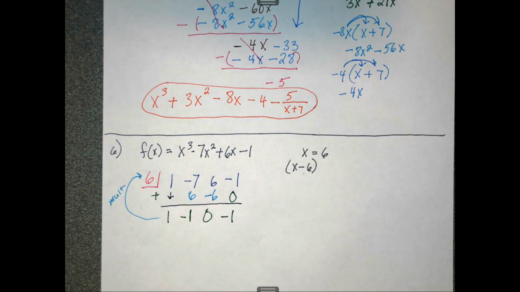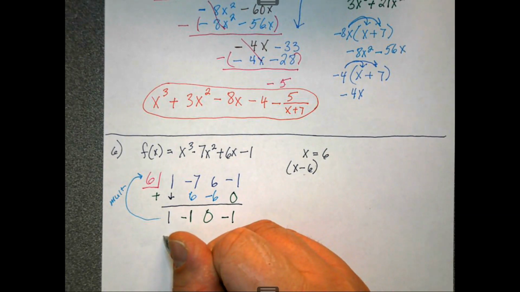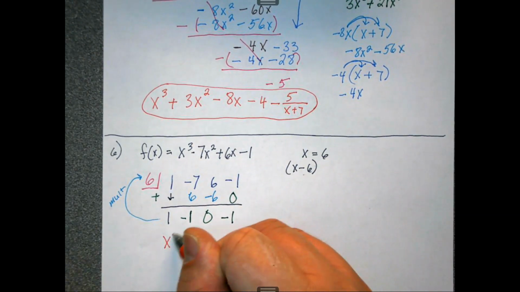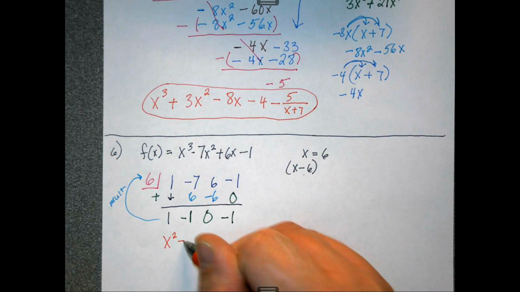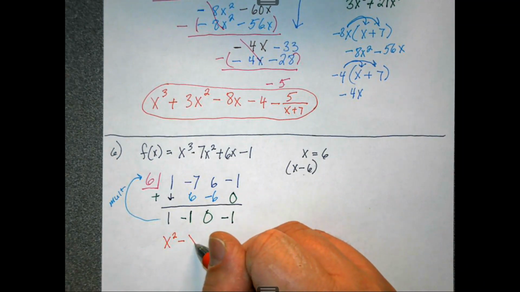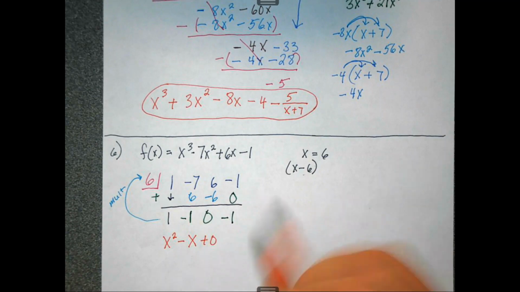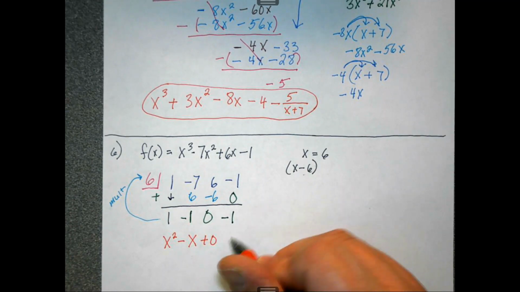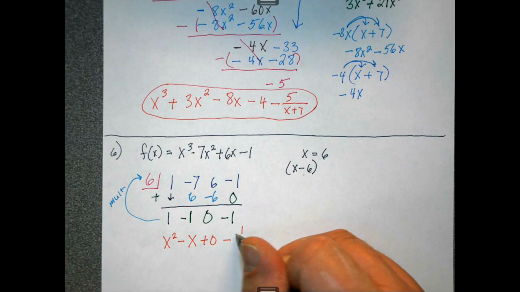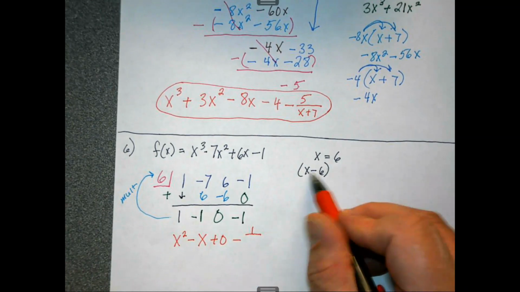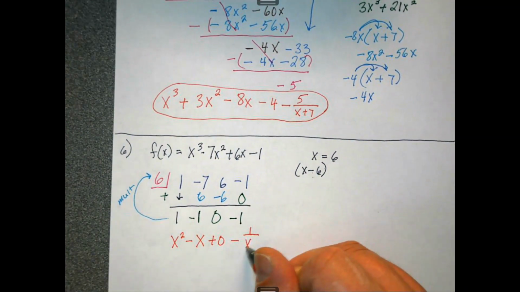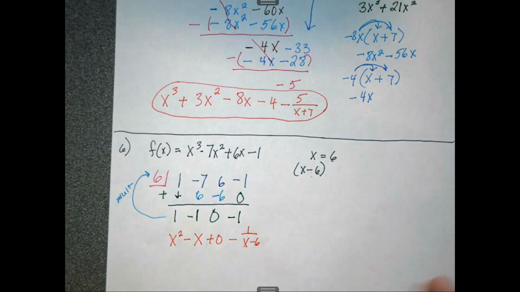Okay, what's my answer? X squared minus 1x plus 0. And then we have a remainder over, I got to use the factor, x minus 6. Or it's really not a factor, but it's our divisor.